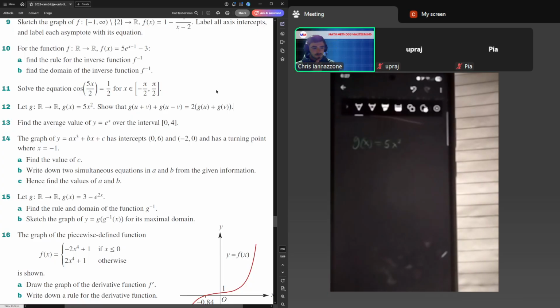These kinds of show-that questions are fairly common. I'll give a hint, which is basically you want to rewrite the left-hand side and the right-hand side in such a way where they look identical. That's the overall goal. If you can prove the left equals the right, you've successfully shown that.